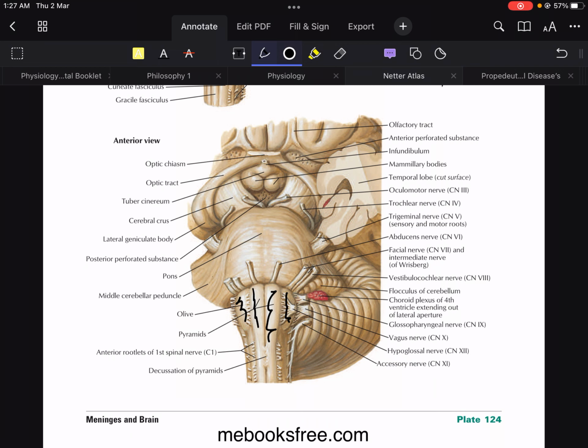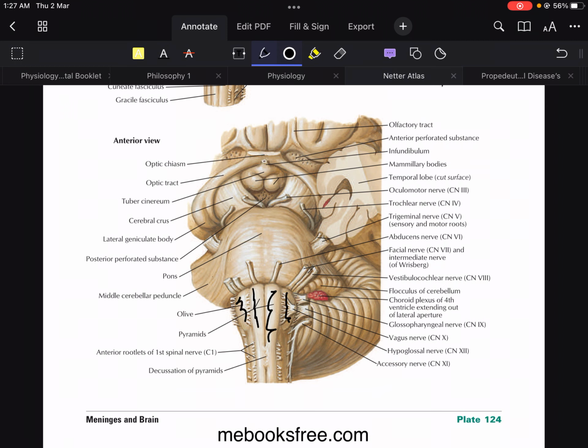It's very important to know the location of the cranial nerve, the function, the branches, and the types, for example which one is sensory, which one is motor, parasympathetic or sympathetic, and other things. It's very important for dentistry students. But for now, just pay attention to the location of different nerves, not the function and the branches.